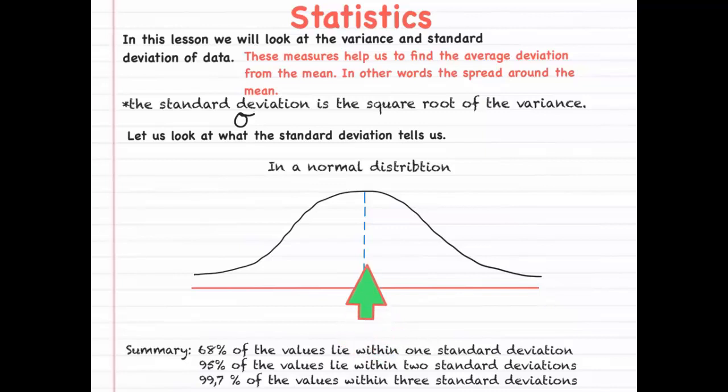Now, our average is right here in the middle, okay? Now, if we subtract our standard deviation, and we are going to make our standard deviation just sigma, so we're not working with values, but it works the same. So if I take the average and I subtract our standard deviation, and I'll show you here in red, we are going to end up somewhere here on our bell curve, which is going to be our average minus our standard deviation. Now, if we subtract it, we also want to add it to the other side.